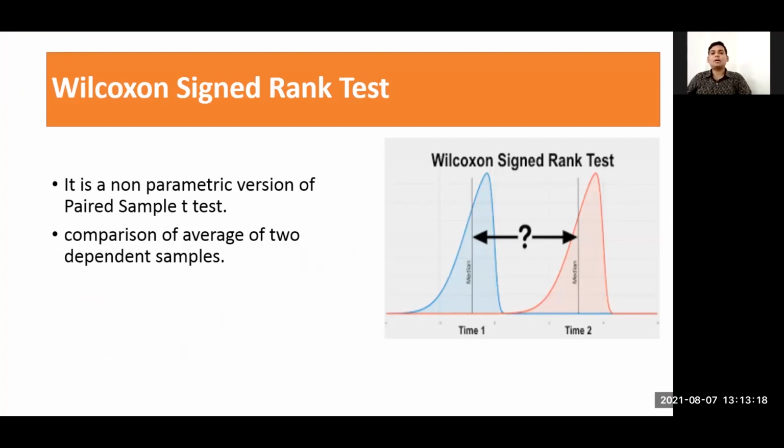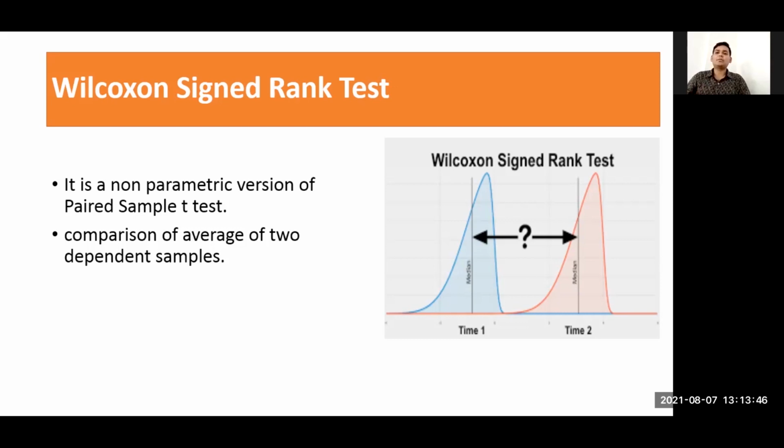Basically, it gives the comparison of the average of two dependent samples, right? This particular test gives a comparison of the average of two dependent samples, meaning there are no independent or dependent categories in this test. Both are dependent on each other: before training jump size and after training jump size, right?